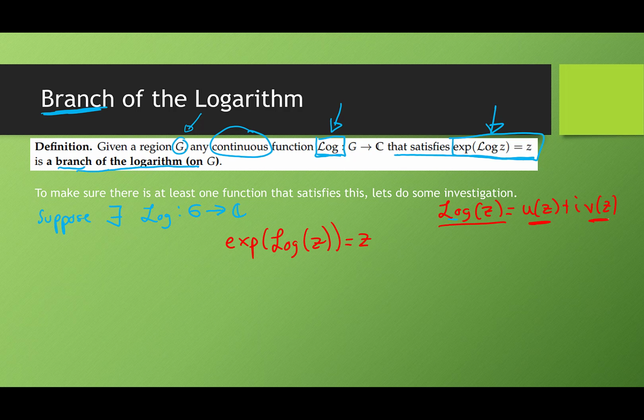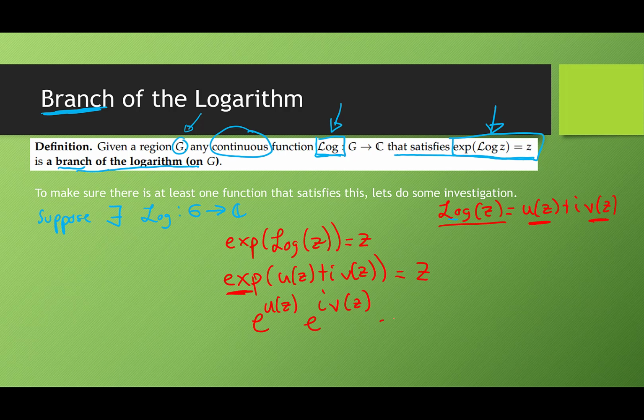Okay, so substituting this into our equation here, we have exp of u of z plus i v of z is equal to z. And remember, what does the exponential function do? It takes the real part, puts it in the exponent of e, the natural number e, and then essentially it multiplies it by e to the i times the imaginary part.